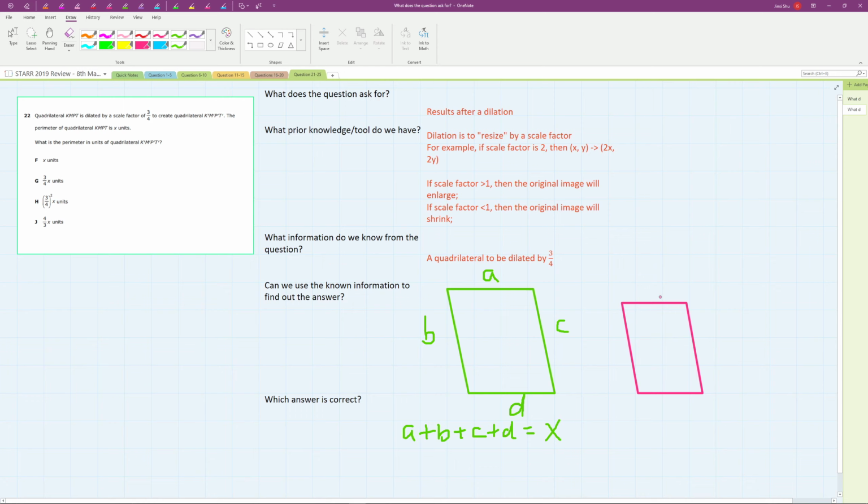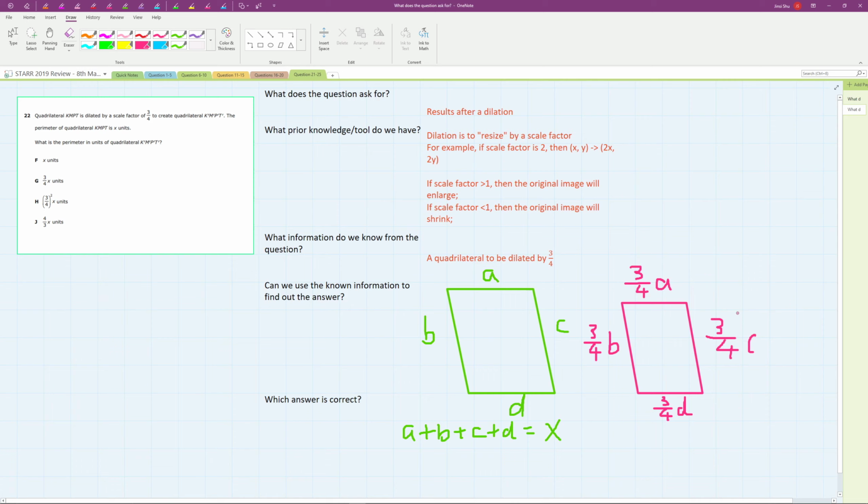So this side will become 3 fourths of the original side A. This side will become 3 fourths of B. This one will become 3 fourths of C. This one will become 3 fourths of D. So each side resized by a scale factor of 3 fourths.